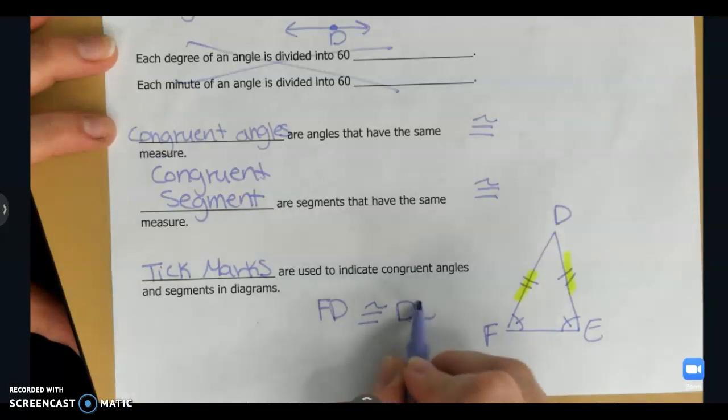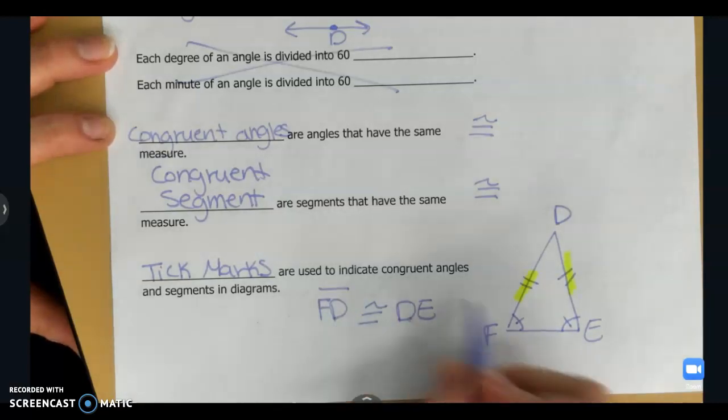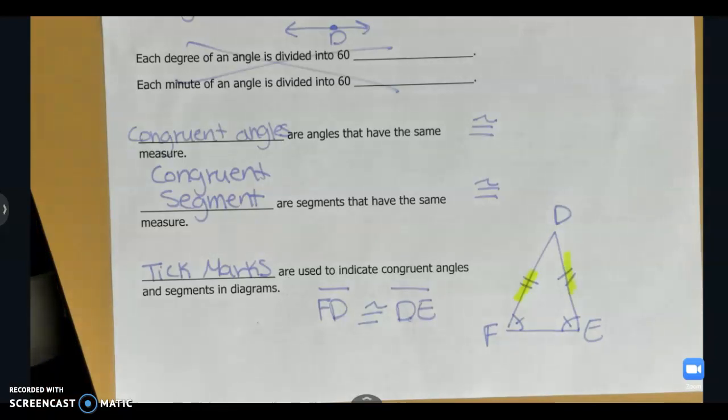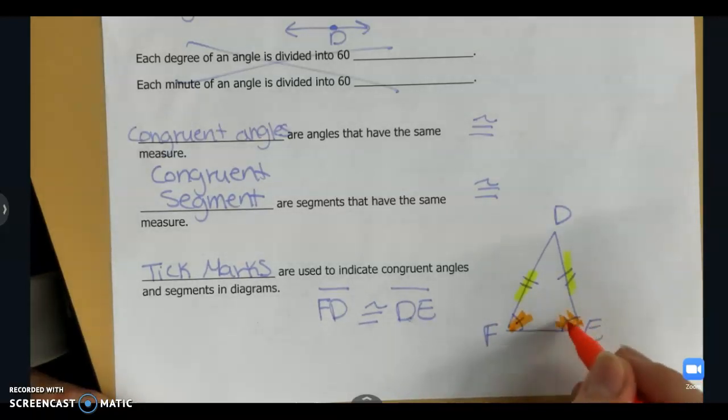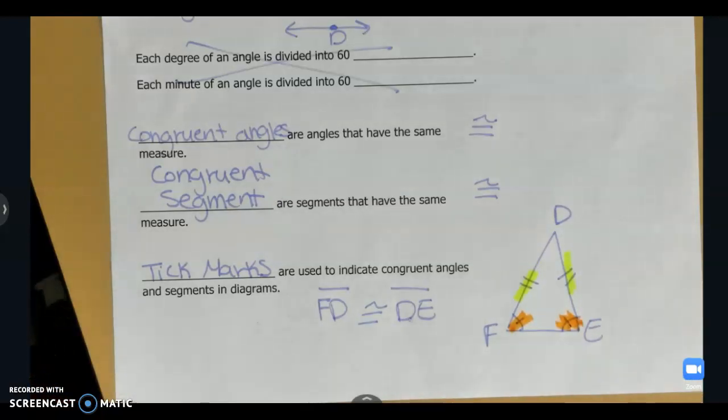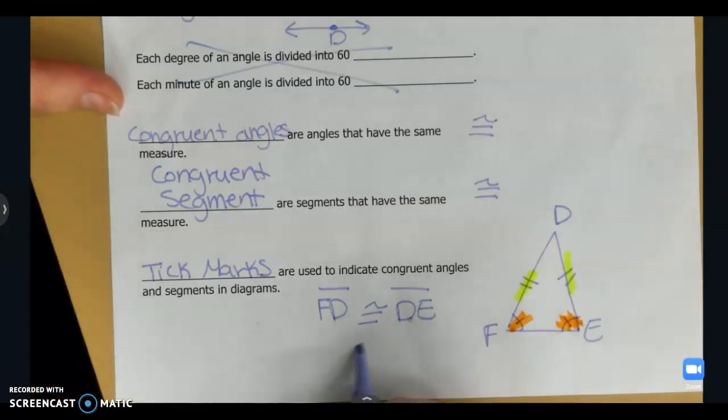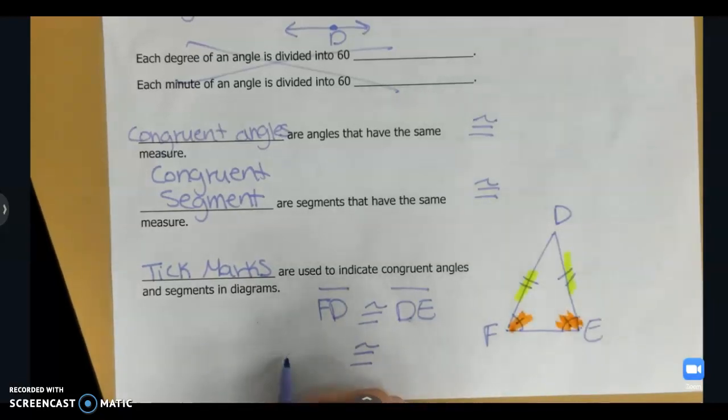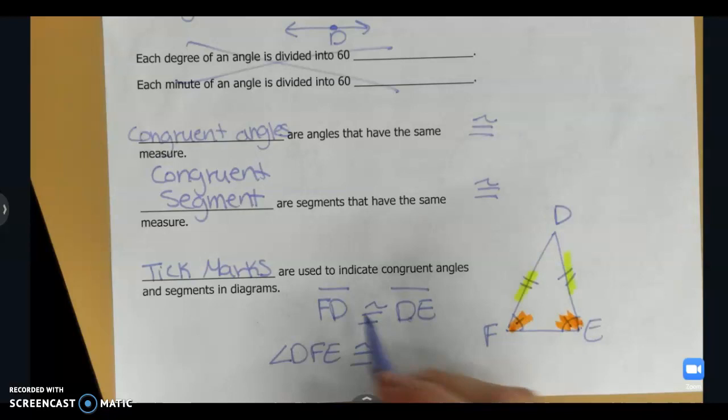Segments. So those two matching hash marks mean that I have congruent segments. Then I have these matching hash marks, which mean I have congruent angles. So what are the names of those two angles that are congruent? DFE and DEF. 3 capital letters.